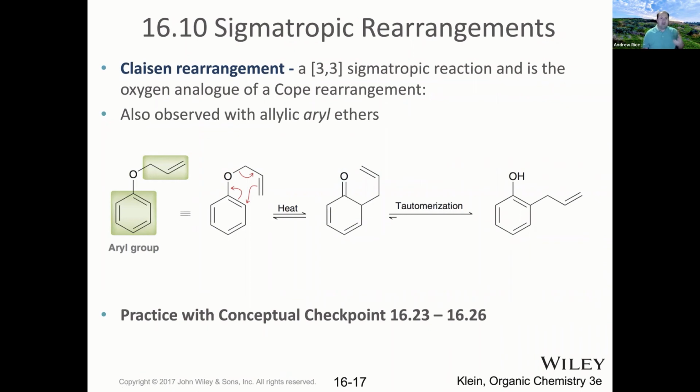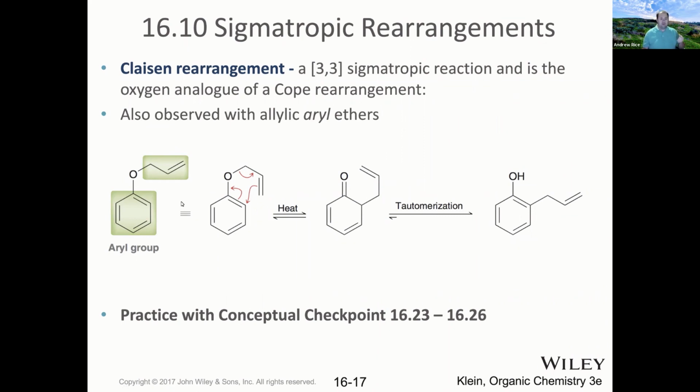Well, it's something to be aware of in synthesis, because if you can make this thing that can undergo a Claisen rearrangement, eventually get locked into this phenol structure, that's a way to make a phenol from an allylic aryl ether, which you could probably make via phenol, or there are ways you can make this structure from some of the reactions we've learned already, as well as future reactions we're going to learn about.